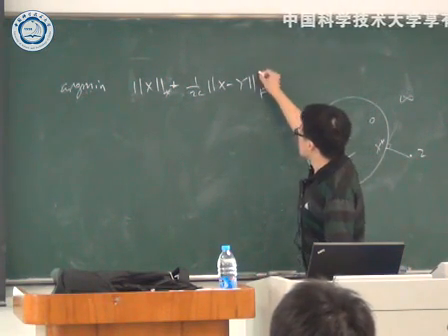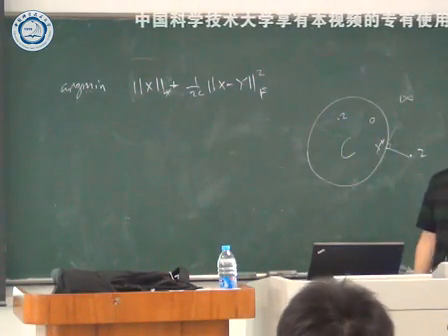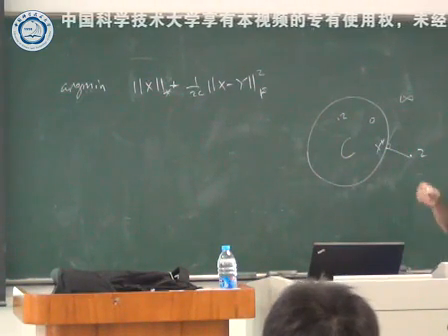We're going to use the matrix Frobenius norm: you treat the matrix as a vector and then take the 2 norm.